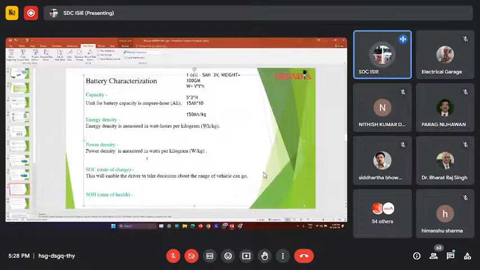Just like our mobile phones, let's say if I am having 50% of charge inside my mobile phone, I can estimate that it will give me 3 to 4 hours of battery backup. Let's say a laptop: if I am having 70% of charge, I can conduct 1 or 2 webinars.